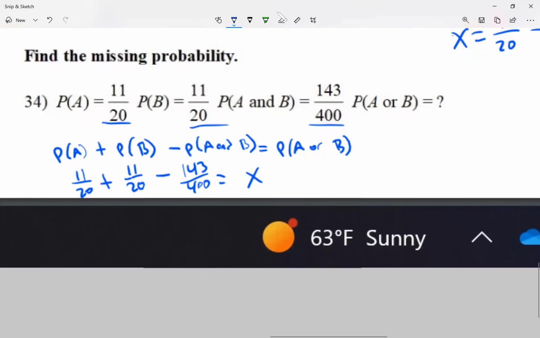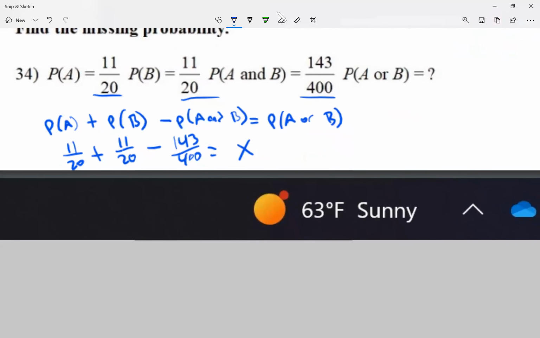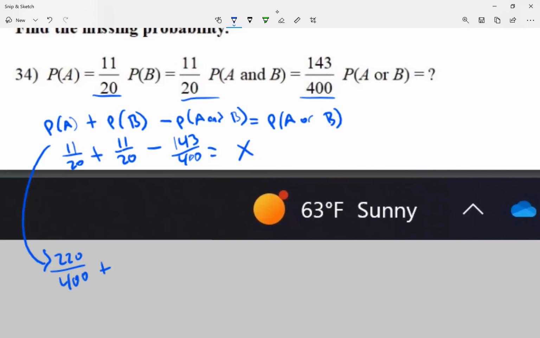Ooh, okay, get common denominators. The first two fractions, let me multiply each by 20. So I have 220/400 plus 220/400 minus 143/400 is equal to X. I wanted common denominators.